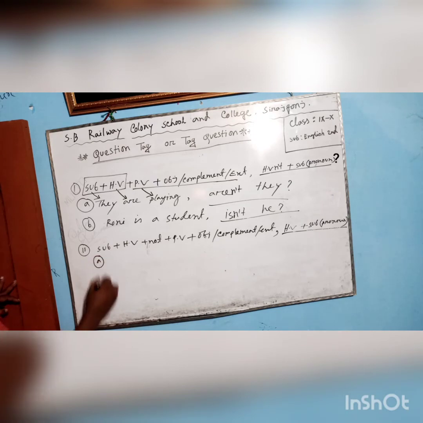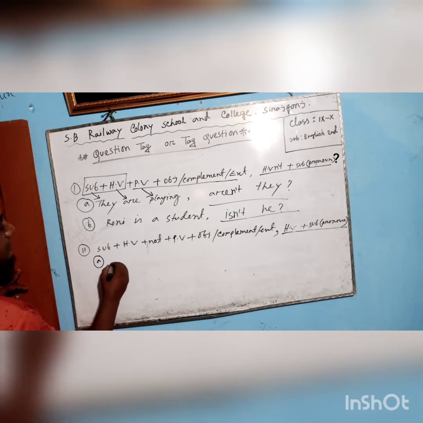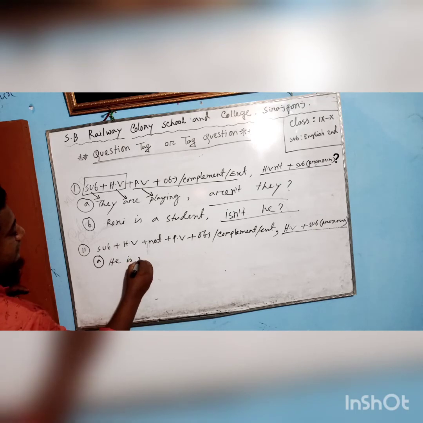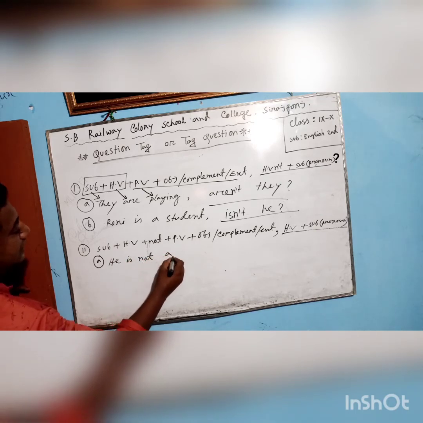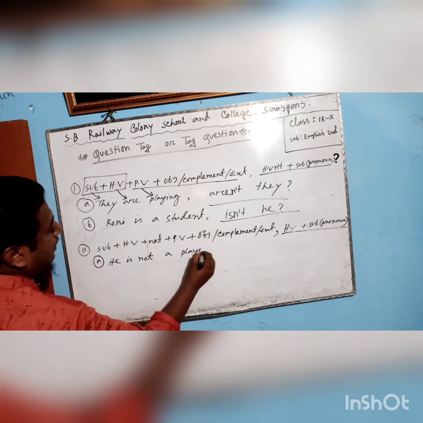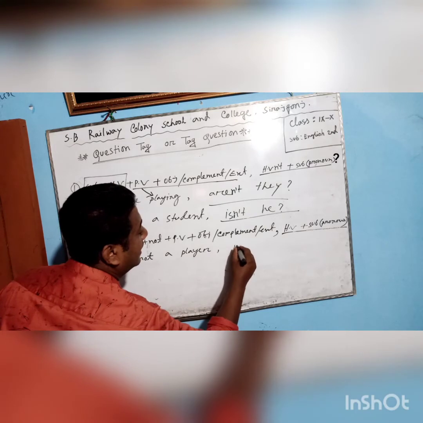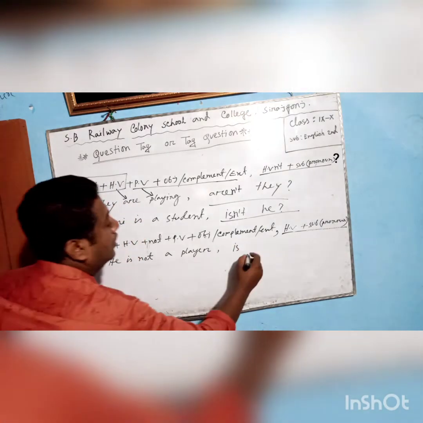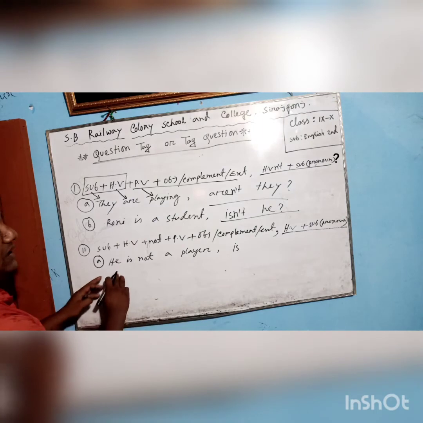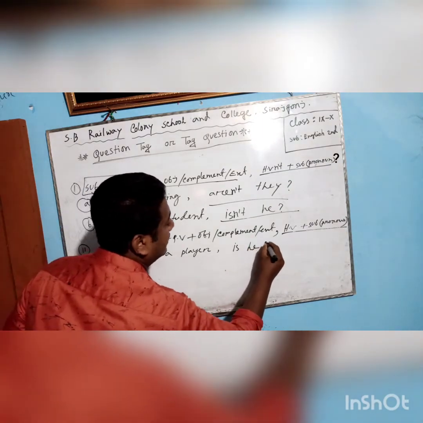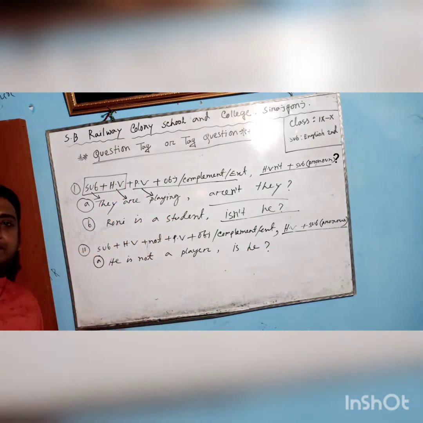And this is the example for our second structure. He is not a player. So we use the helping verb is, and we do not use not, and we use he. The subject is always a pronoun.